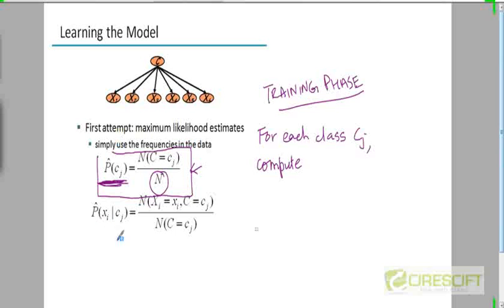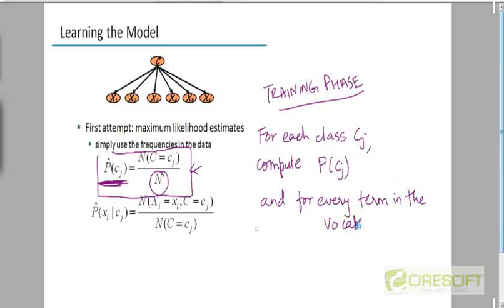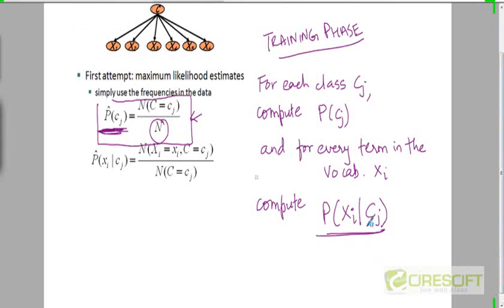The other thing you have to compute is, for every term in the vocabulary, let's say the ith term in the vocabulary is x sub I, you have to compute the probability that you will see this word in an arbitrary document of this class. And how will you compute this from the training data?